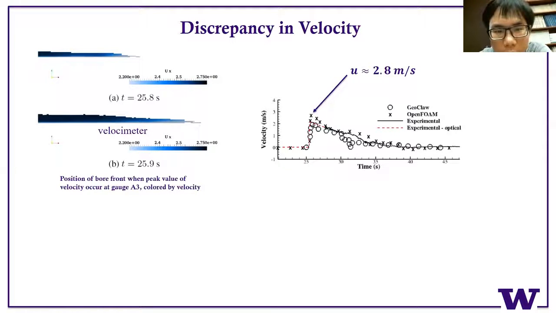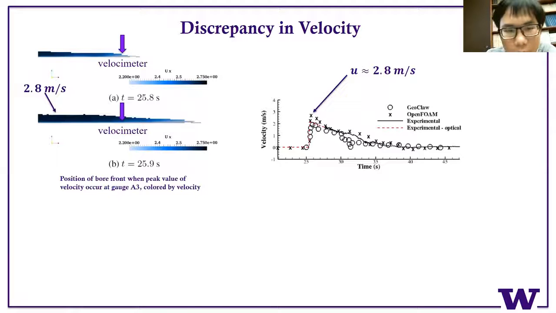If you have a look at the figure on the left again, the two snapshots are colored by velocity, and you can see there's a quite dark region after the leading edge of the ball, which means if you put a wave velocimeter there, after the leading edge of the ball has already passed it, you will get 2.8 meters per second sometime after that.